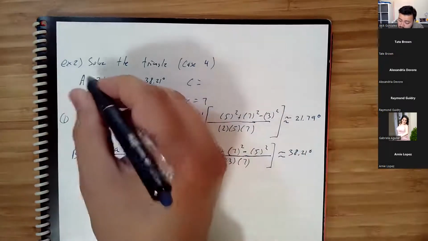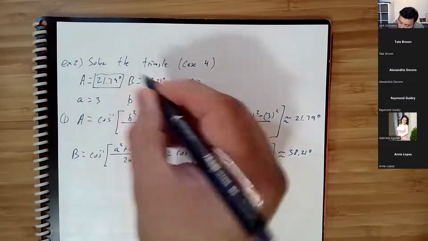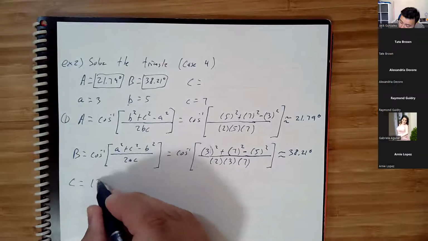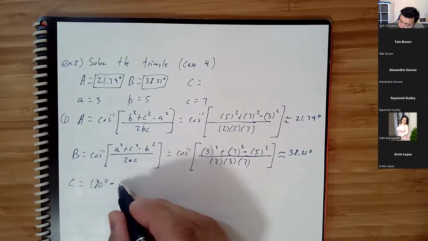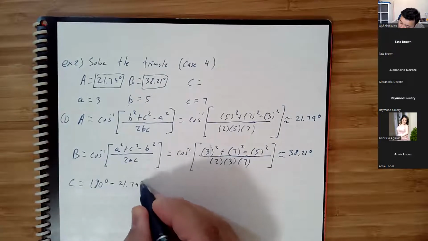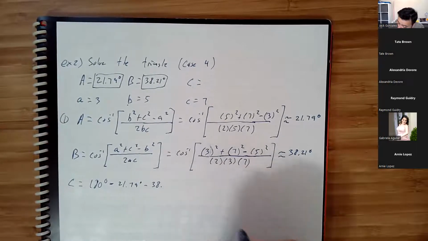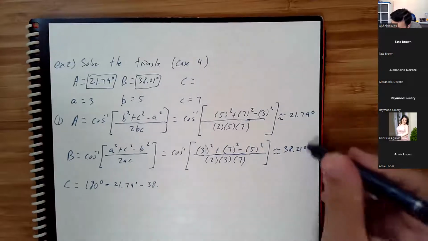Okay, so there's the two missing pieces that we found. The final piece is the easiest. C will be 180 minus the other two solutions.